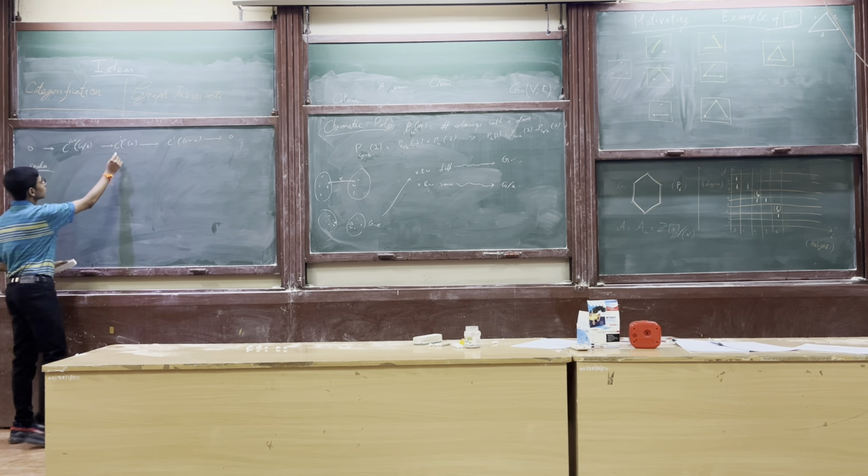So this chromatic polynomial for n vertices, n disjoint points, n many, you get lambda to the power n. And okay, you don't need too much more of this. Let me just briefly say this is a polynomial.